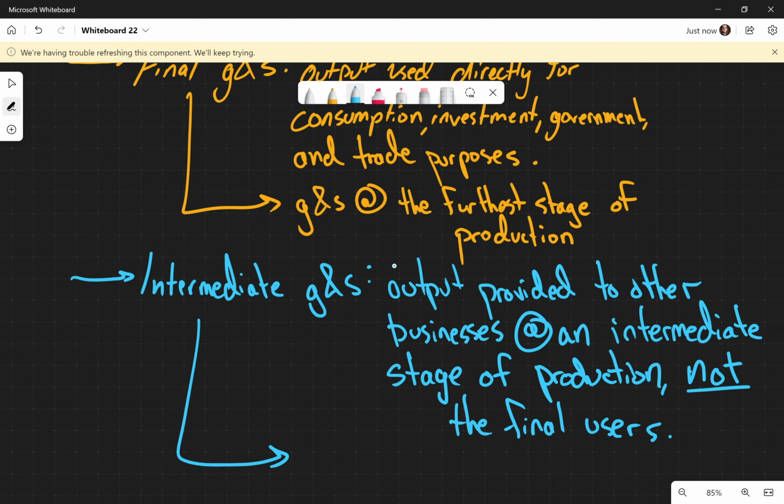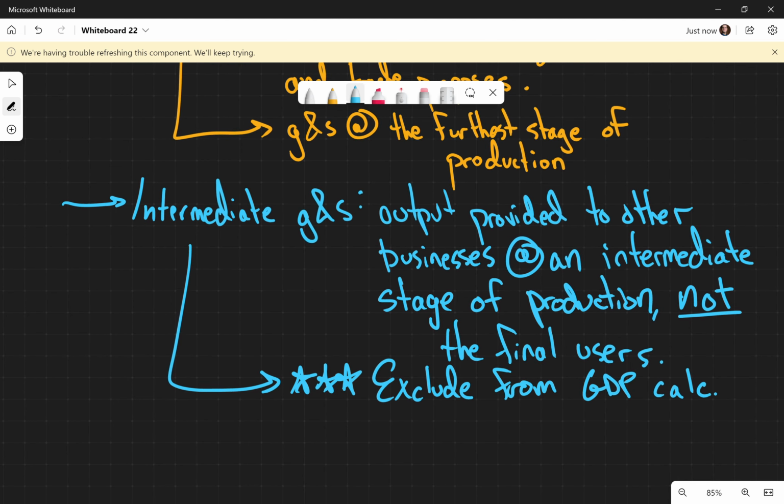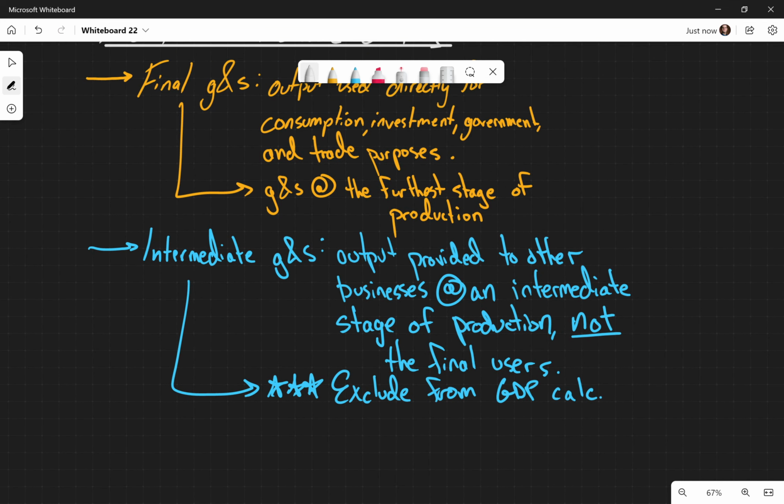We always exclude these from our GDP calculations. Why do we want to exclude these from our GDP calculations? Well, if we include them, we end up with something called double counting.